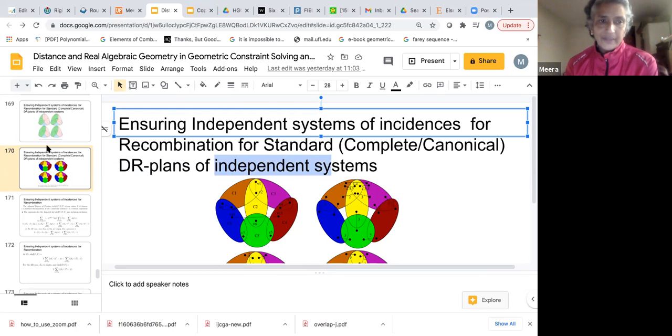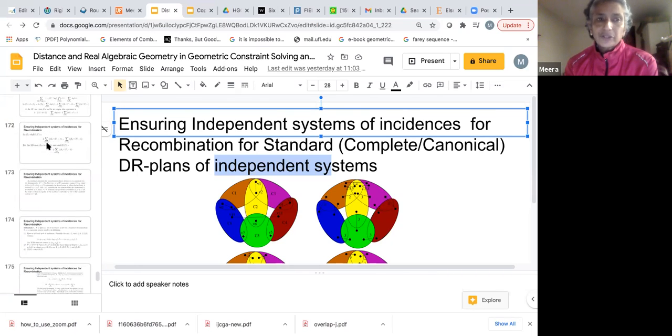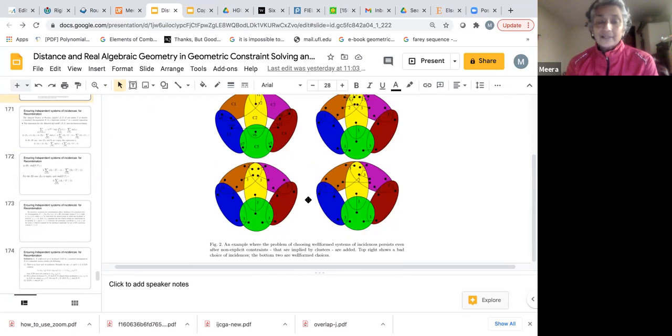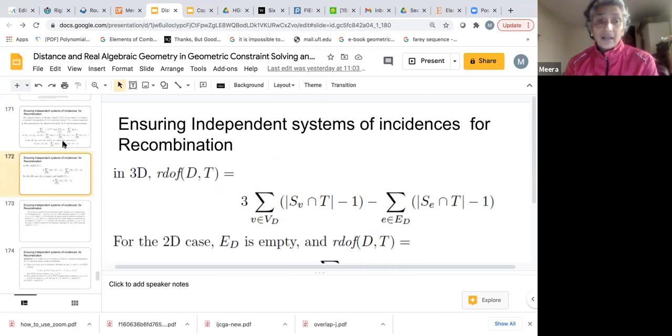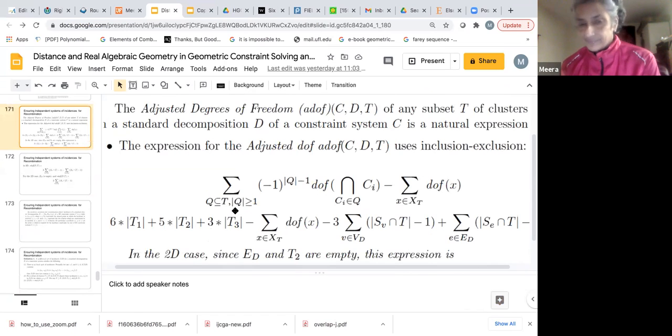All the previous stuff that we did, we're going to use this property of the canonical DR plan here as well, and the fact that we're starting out with an independent system. Given that we have something independent and this canonical DR plan, we can make certain assumptions about degrees of freedom just through counting. Counting works because we know it's independent and we have these properties.